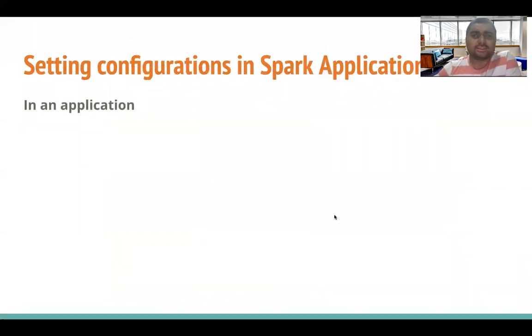The very first thing is, in order to set configurations in a Spark application, there are a variety of ways. One way is to set it up in the Spark default configuration, which applies to all the applications using the Spark installation. The other way is to pass it through the command line when you run a Spark shell or a Spark submit.